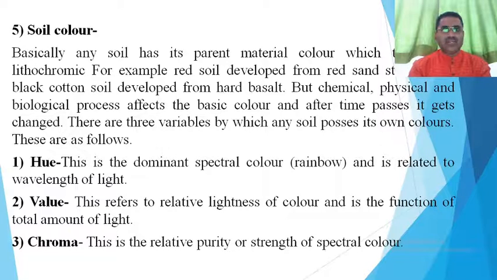So there is a variety of colors according to the parent material and the chemical, physical and biological processes. It may be red, black, blue, grayish, brown and many more. These colors depend on the processes which occurred during fragmentation or weathering.